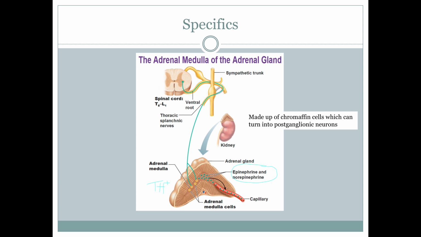If we don't have the creation of these catecholamines by the adrenal medulla, then the sympathetic response just lasts a couple of seconds. So if you think about being startled, you have an initial reaction caused by the release of norepinephrine onto different organ surfaces, and those organs respond in whatever way that organ is meant to respond.